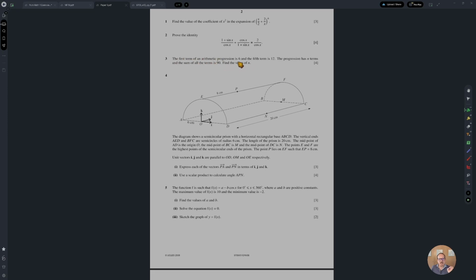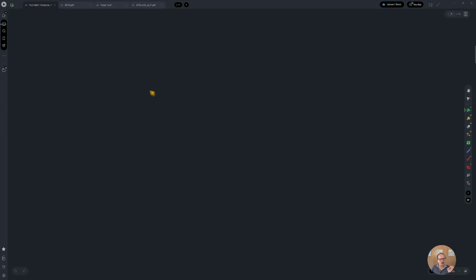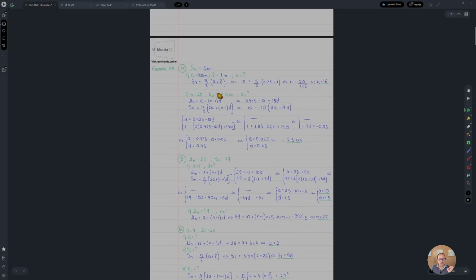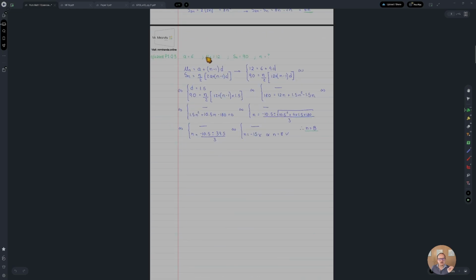So I read the text, I already identified all the things that I needed to identify, and here they are. In order for me to get n, I will also need to get the value of d, the common difference, but I have enough information to set up two equations, so I can have simultaneous equations.